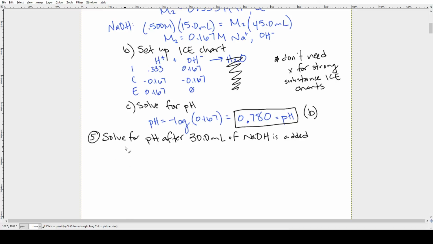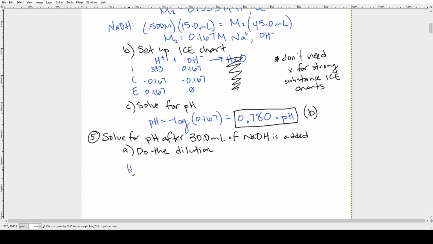So first, okay, we've added a different volume, so we need to do the dilution again. So these steps are a little bit different than what we've been doing in the notebook so far. However, they are very repetitive. You do a dilution, you do an ice chart, you solve for pH. Dilute, ice chart, pH. Dilute, ice chart, pH. Over and over and over again until you're done.